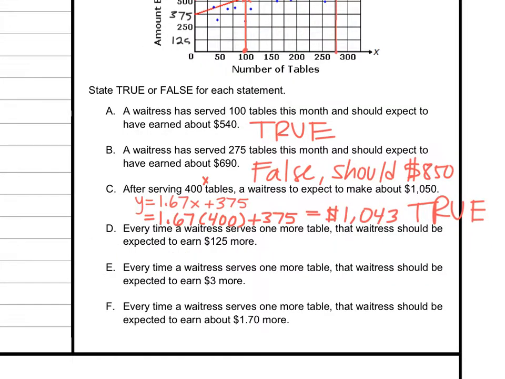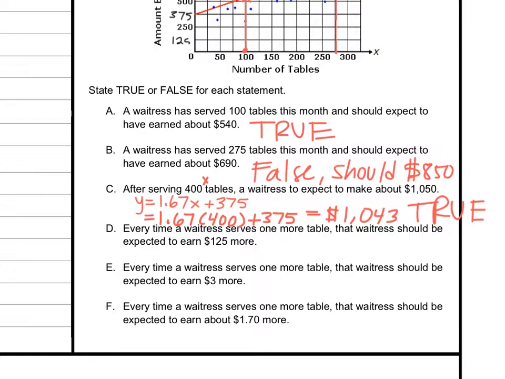The next three statements are all really similar, and only one of them is going to be correct. So we're going to read all three. Every time a waitress serves one more table, the waitress should be expected to earn $125 more. I would look at the equation. Or every time a waitress serves one more table, she should be expected to earn $3 more.